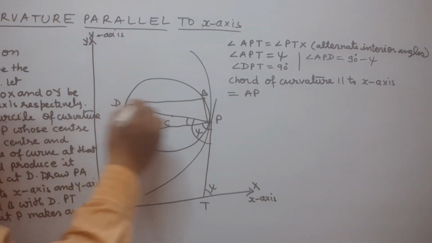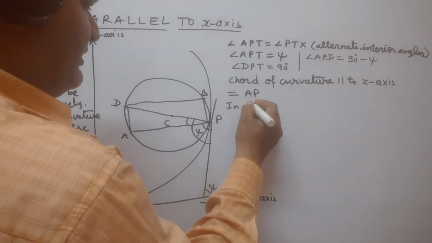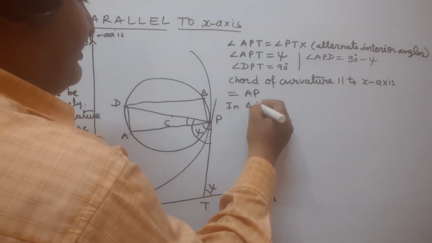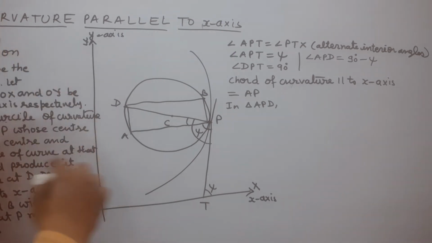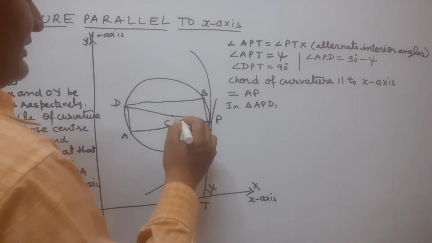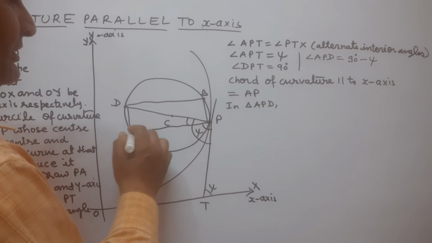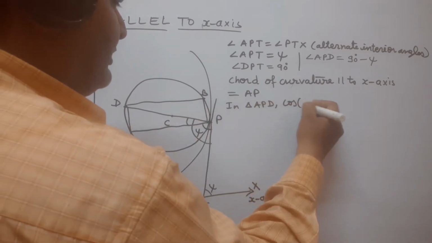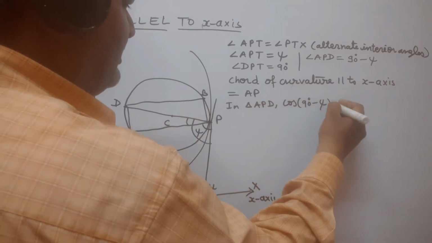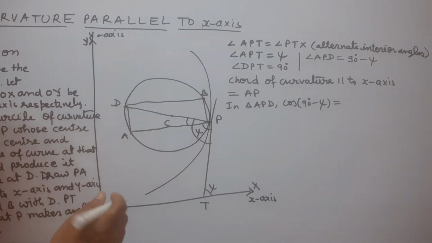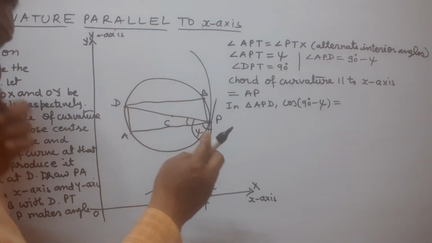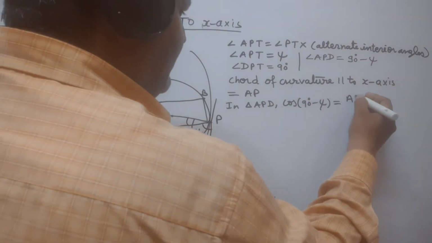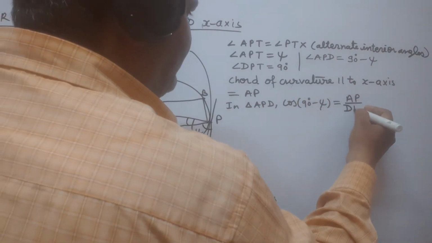And we know that in this triangle APD, when we find cos 90 minus psi, this is equal to base upon hypotenuse. So base is AP and hypotenuse is DP, so we write AP upon DP.